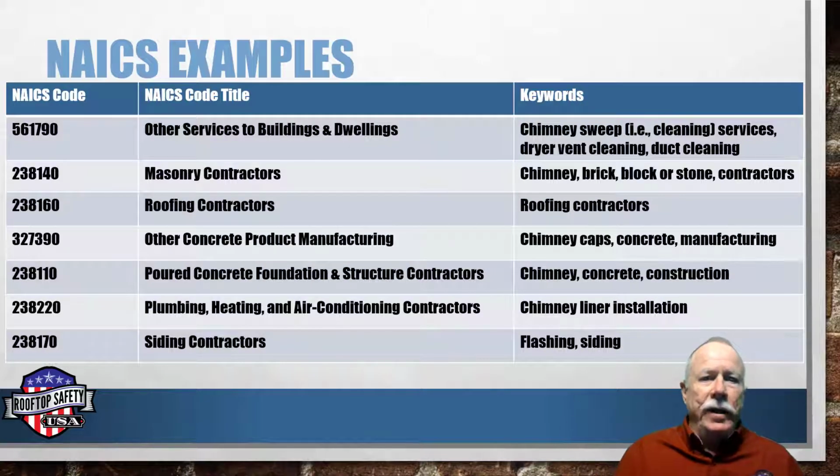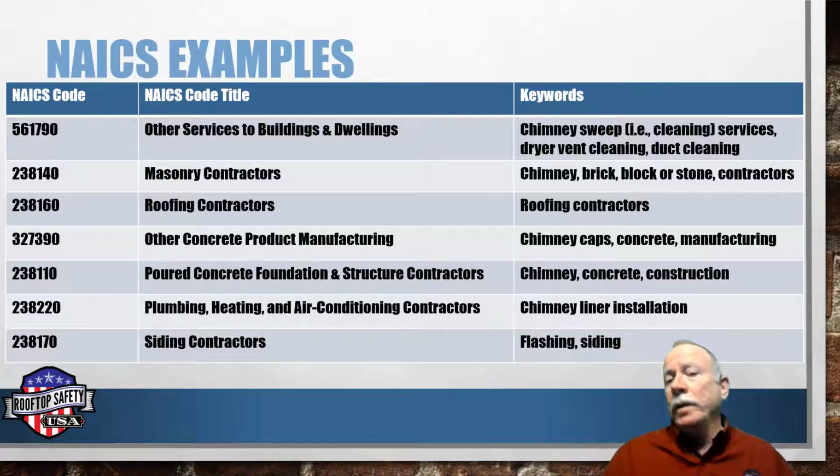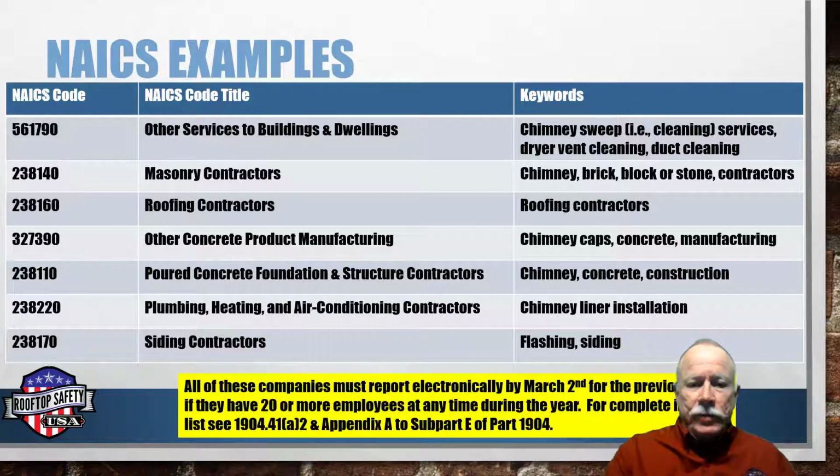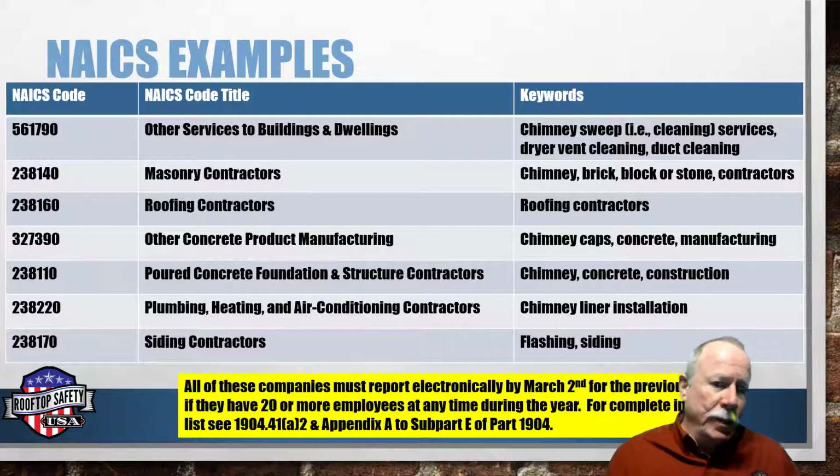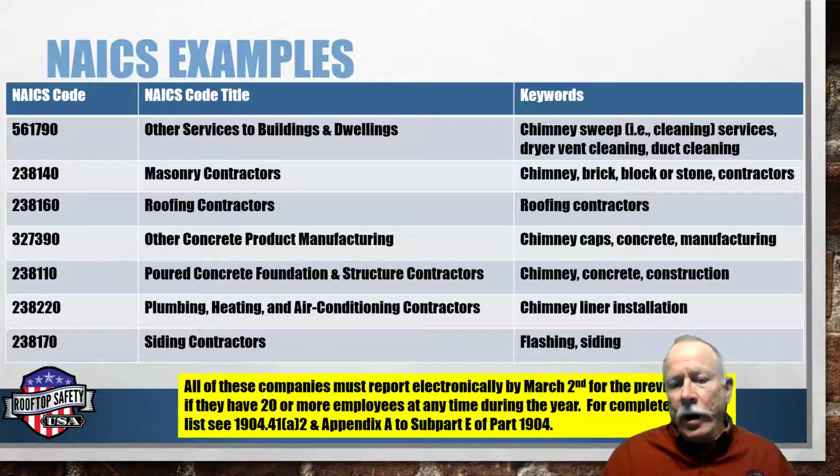So this lists the industry codes that I work with that are commonly required to report annually through the electronic process if they have 20 or more employees. Okay? All of these companies are required to report.